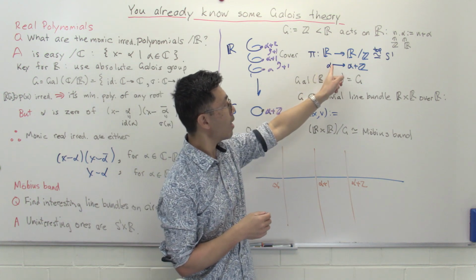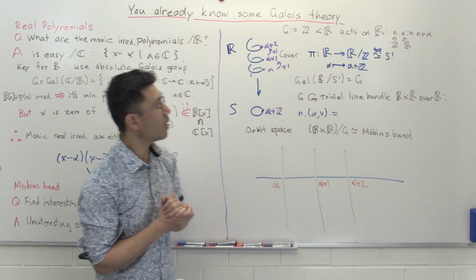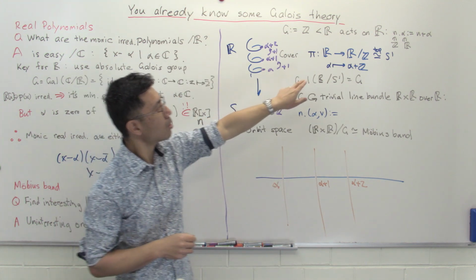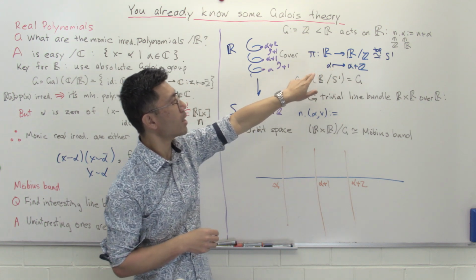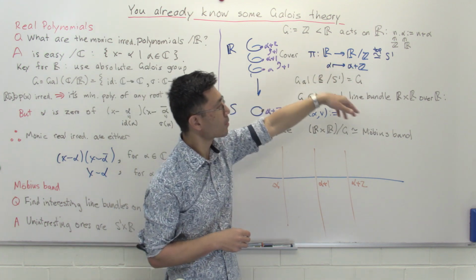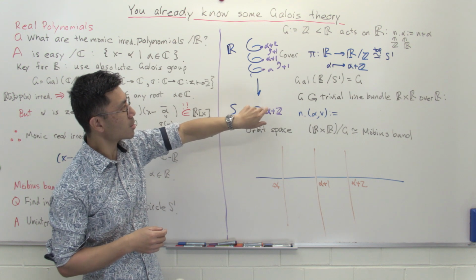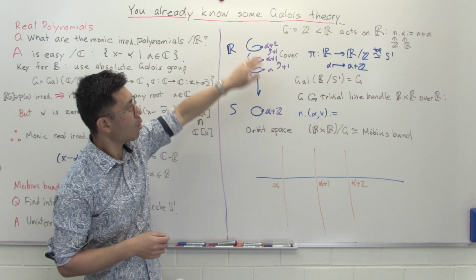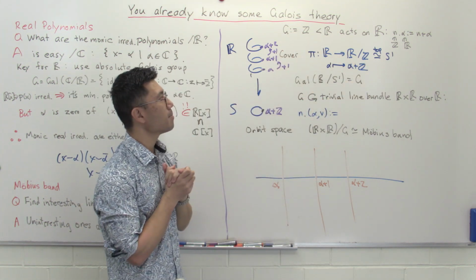You can send alpha to the exponential of 2 pi i alpha. Okay, so remember e to the 2 pi i n is going to map to just the trivial 1, okay? So that's the way you do it formally.